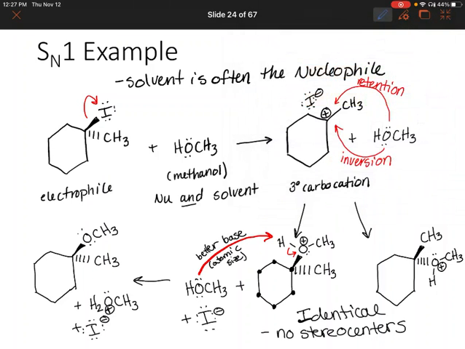So in the first step, the leaving group left. In the second step, we had nucleophilic attack. And then in the third step, we had proton transfer. Okay, so we had three different types of mechanisms going on here, but overall we had an SN1 reaction.